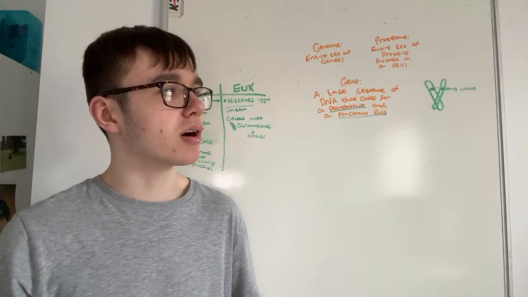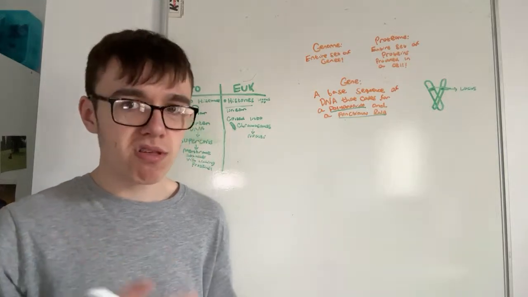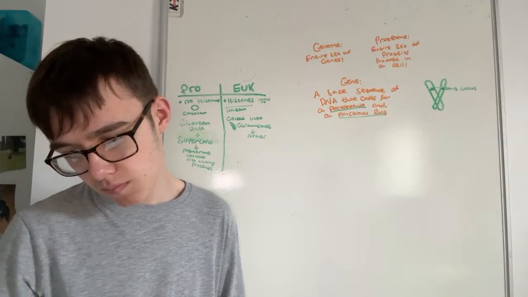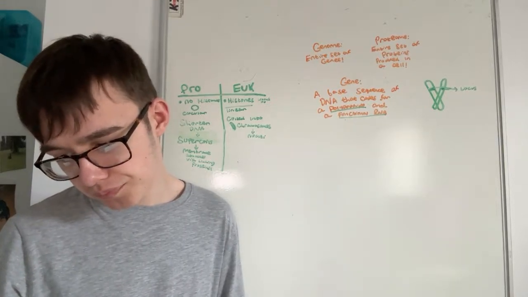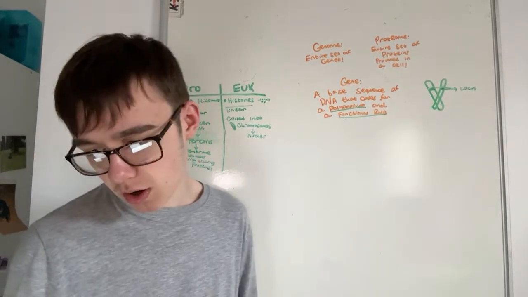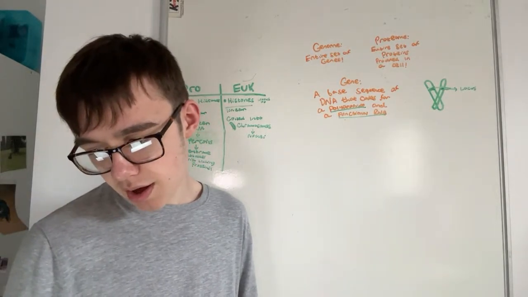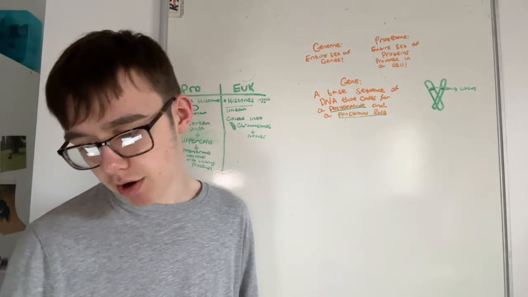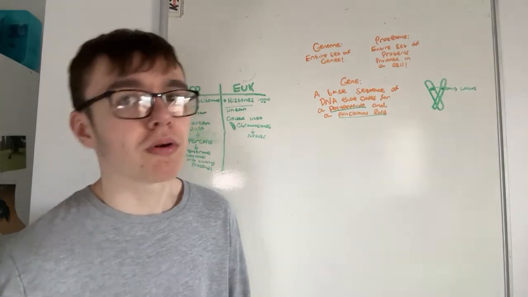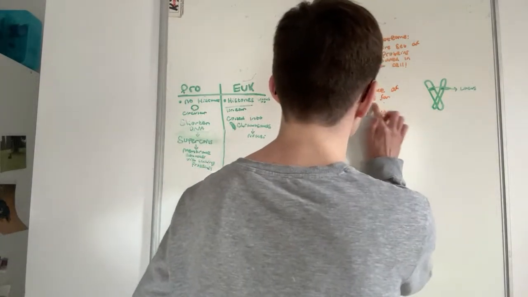Oh my god, it's so dark all of a sudden. Cool. Okay, this is where we get into the more complex territory. So yeah, a gene is a sequence of DNA that codes for a polypeptide or functional RNA. I should probably change that to all.